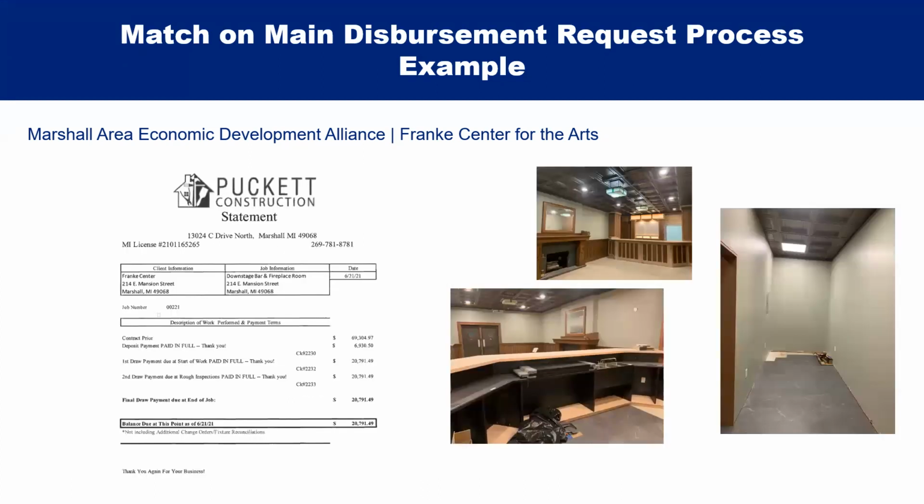They submitted the receipt. In this case, again, very simple project, one vendor, one contractor that performed all of the work. So everything was nice in just one statement. I know that is not always the case. And then they submitted photos of their completed project. So this has already been processed and funds have been dispersed for this grant.